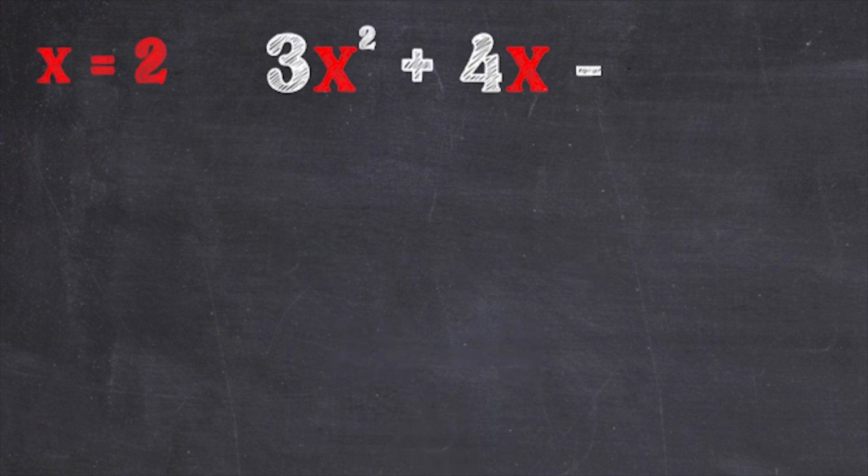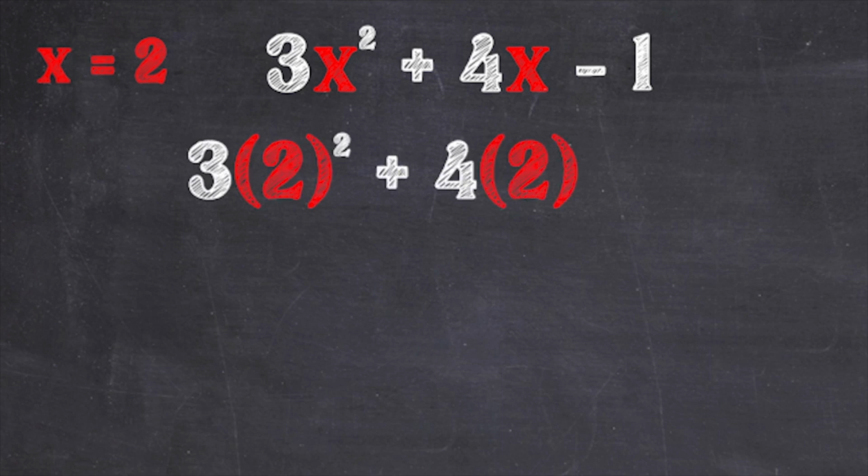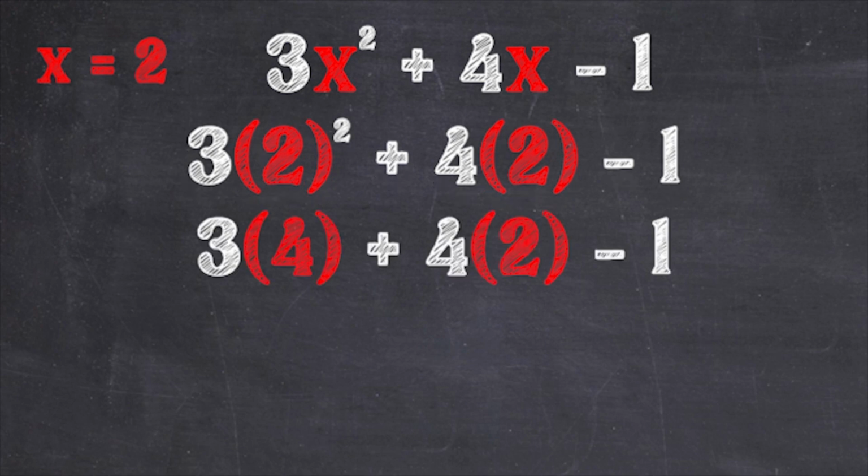Let us move on to the third example. In this case, we have a variable with an exponent. Here, 3x squared means 3 times x times x. First, we substitute 2 for each x. 2 squared simplifies to 4. Next, we need to multiply the 3 with 4 and the 4 with 2.